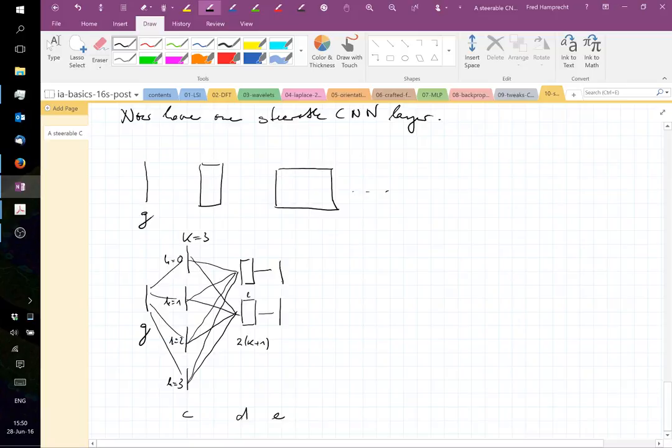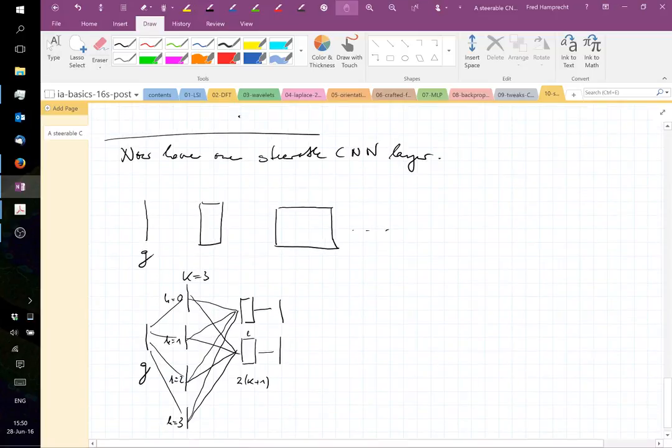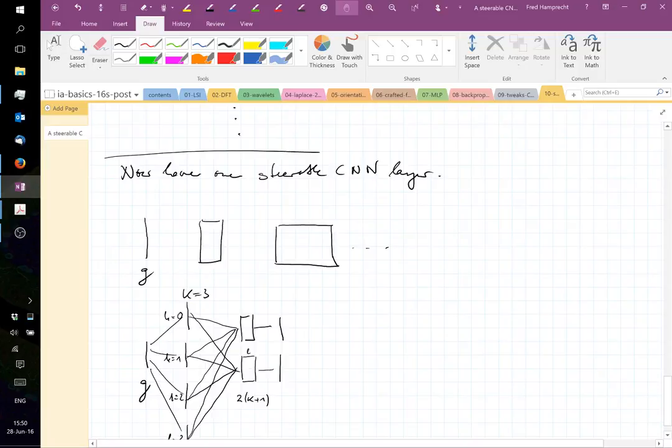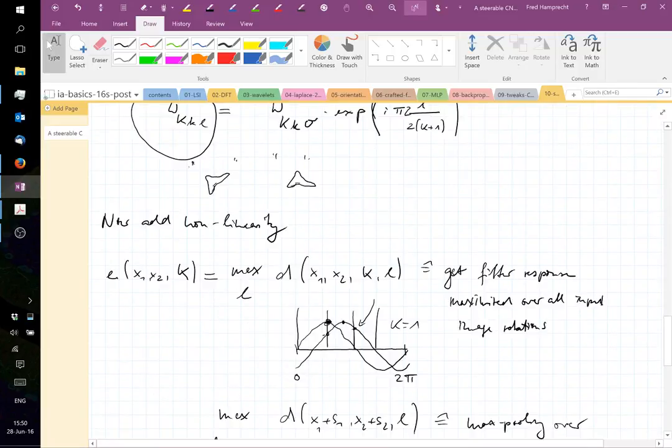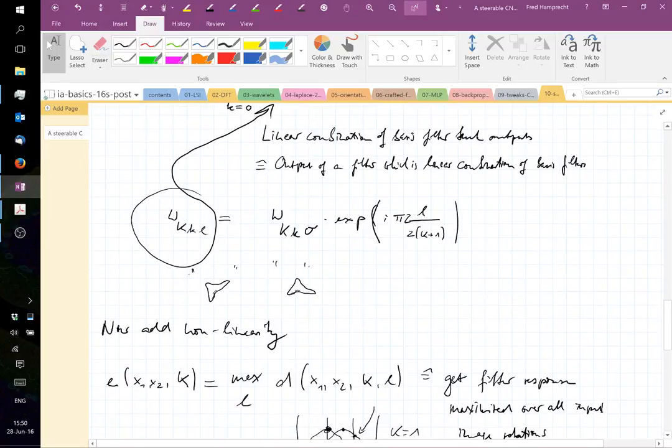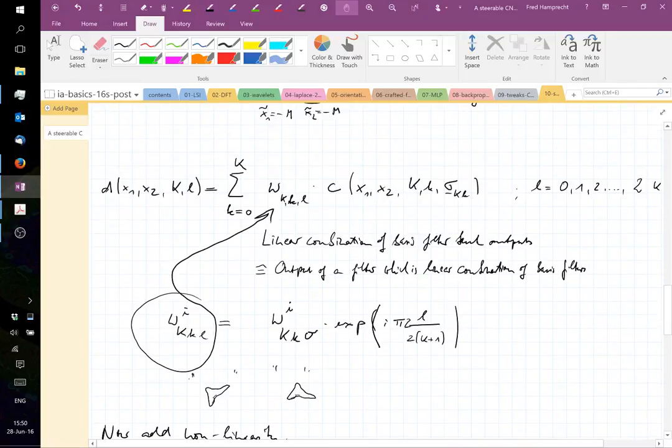For that, I need an extra index that I wanted to spare you before. So I could use an extra index, let's say an index i, for the ith of these filters.